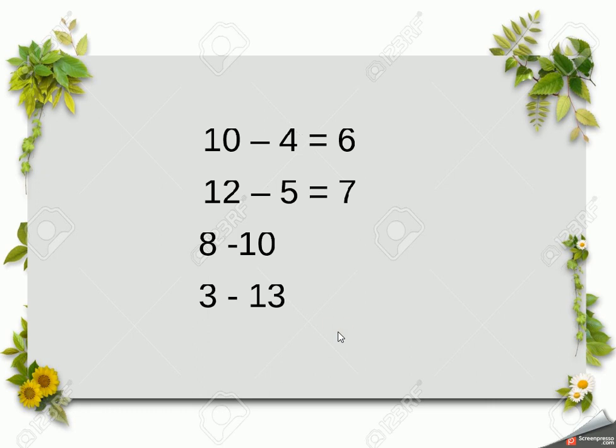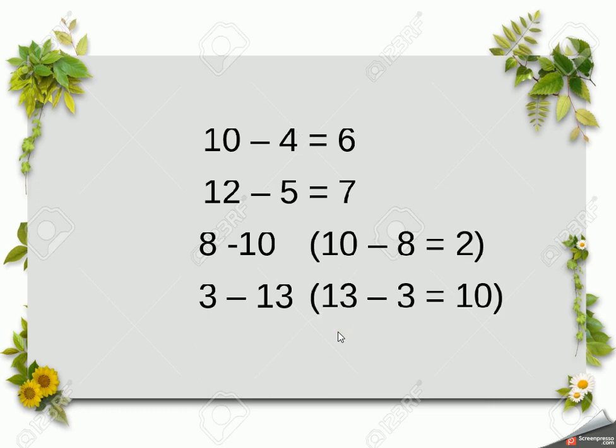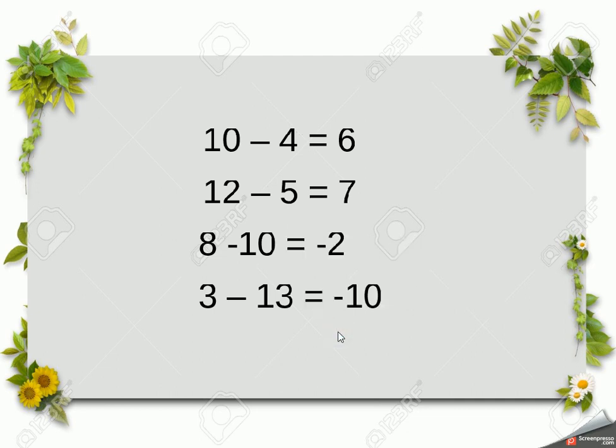All you have to do is the sum the other way around, 10 take away 8 instead of 8 take away 10, and 13 take away 3 instead of 3 take away 13. So do those sums that way, and then to end it, change the number to a negative. So if you're taking away a bigger number from a smaller number, do the sum the other way around, and then change the number to a minus.